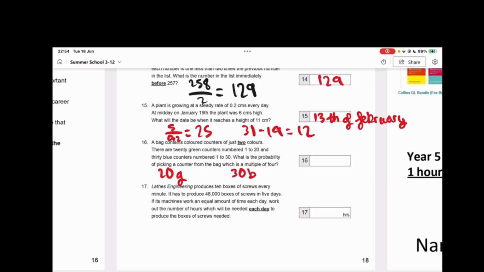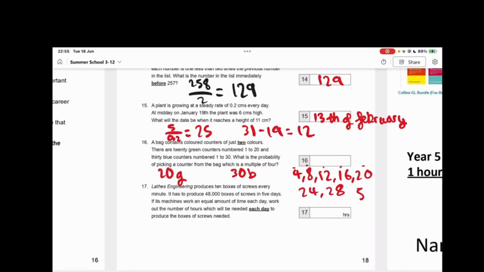So between 1 and 20, the numbers that are multiples of 4 are 4, 8, 12, 16, and 20. And then going on to 30, that will then be 24 and 28. So we know that these 5 numbers come up twice.